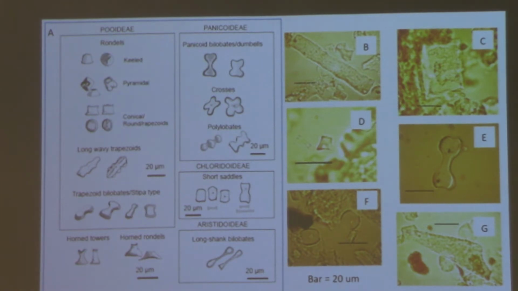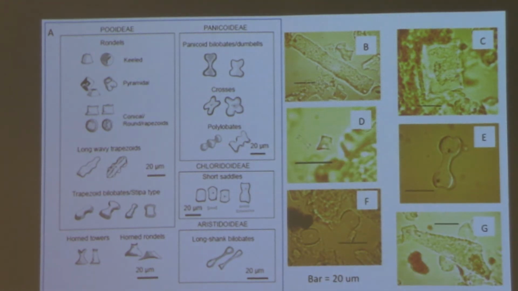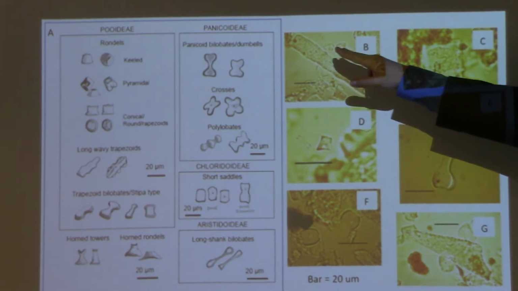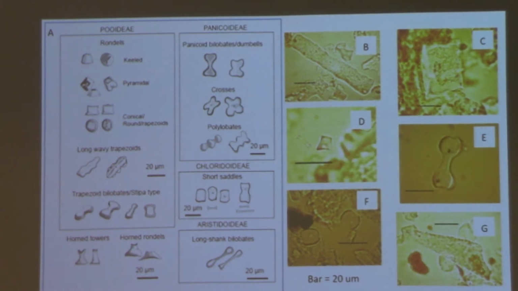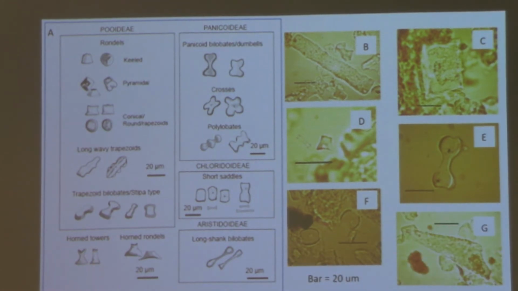So in this study, we focused on the Pooideae grasses, which have the keeled, pyramidal, conical, round trapezoids, the long wavy trapezoids, and then the trapezoidal bilobates. Then the Panicoideae, which are panicoid bilobates or dumbbells, the crosses, and then the polylobates. We have the Chloridoideae, which are the short saddles, and then the Aristidoideae, which are long shank bilobates.